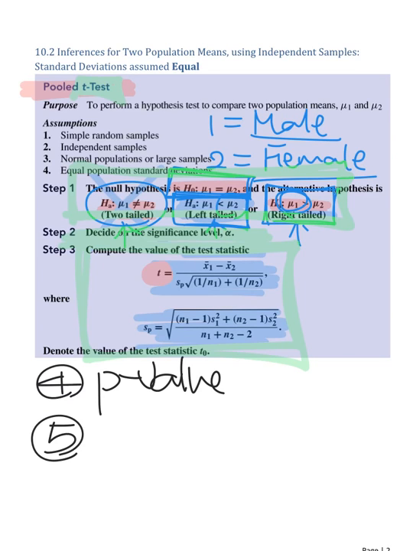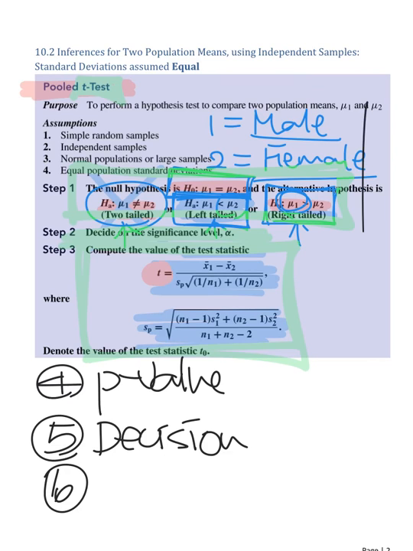Step 5, decision. What was the decision? If the p-value from step 4 is less than or equal to alpha, reject the null. Same. Finally, interpret. Conclusion. It's almost the same 6 steps. It's good?